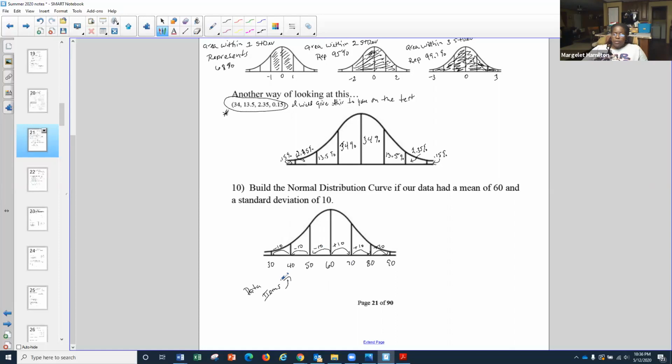So these things right here, data items. We just created those things ourselves based on the information that they gave us. Now, we know how to construct our own normal distribution curve. Let's see what we're going to do with it. What do they want us to do with it?